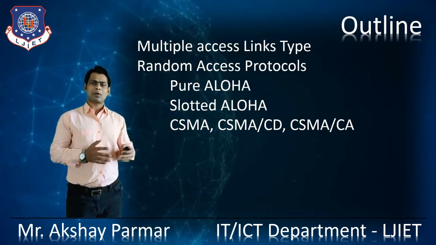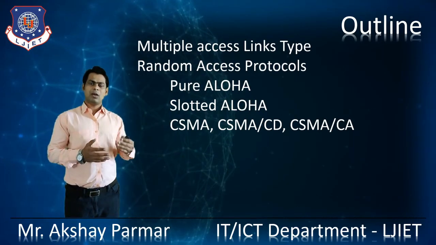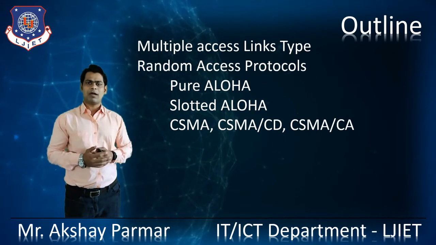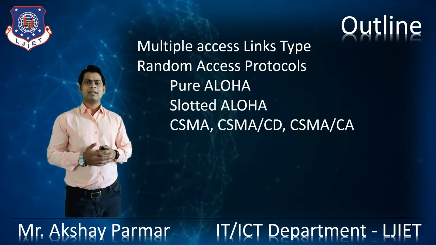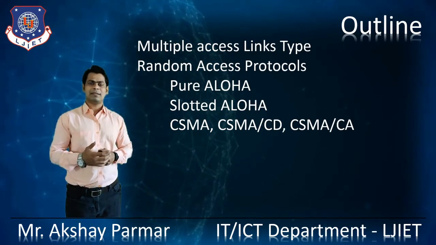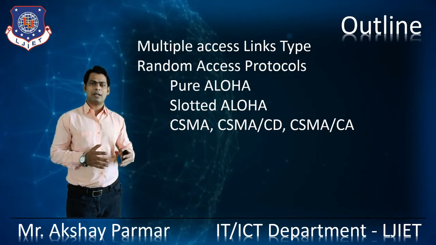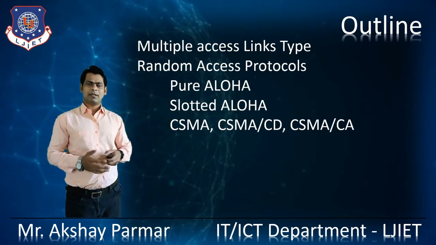In the random access protocol there are several types, Aloha and CSMA. In Aloha there are two subtypes, pure Aloha and slotted Aloha. And in CSMA there are two techniques, CSMA CD and CSMA CA, the collision detection and the collision avoidance. We will see them in brief.